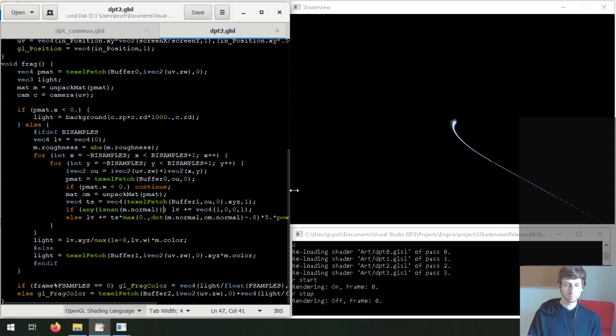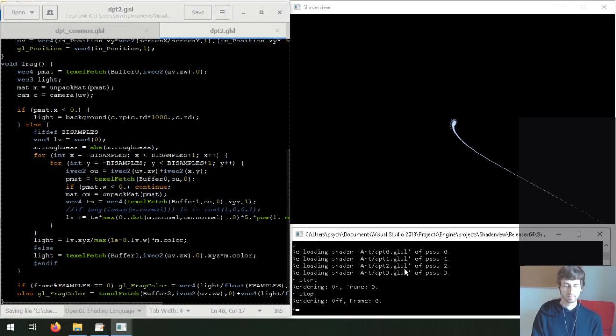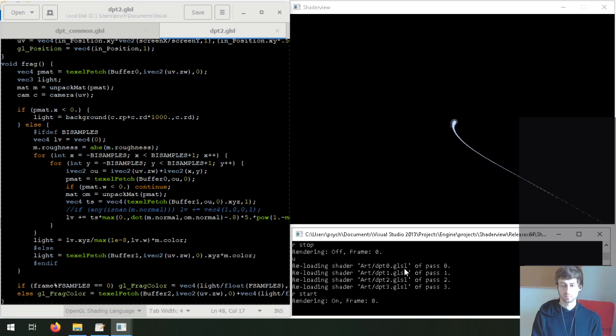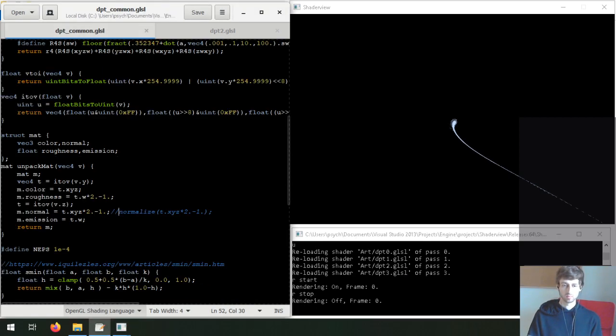Why is that outputting black? Does not normalizing this really break stuff that badly?